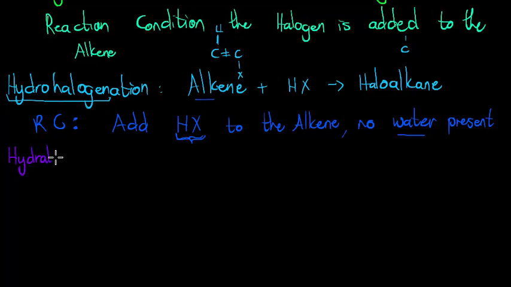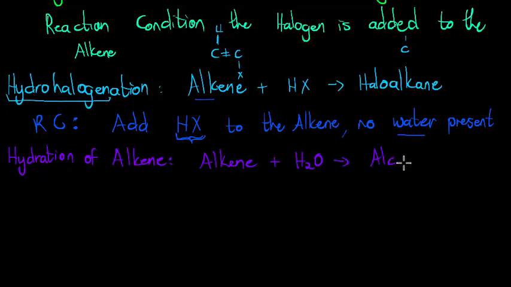Okay, so the hydration of an alkene is where I take an alkene and I add water to it, H2O, and that produces an alcohol. That is called the hydration of alkenes.